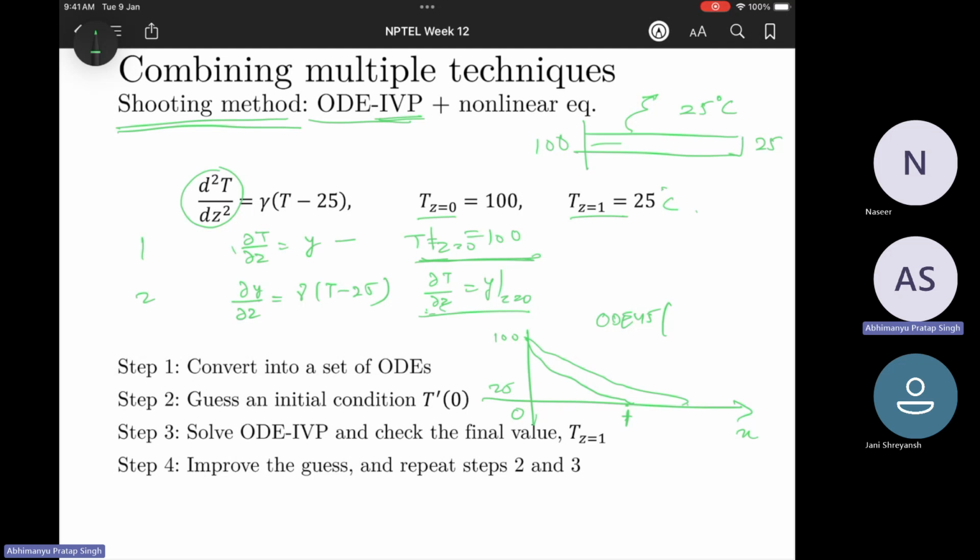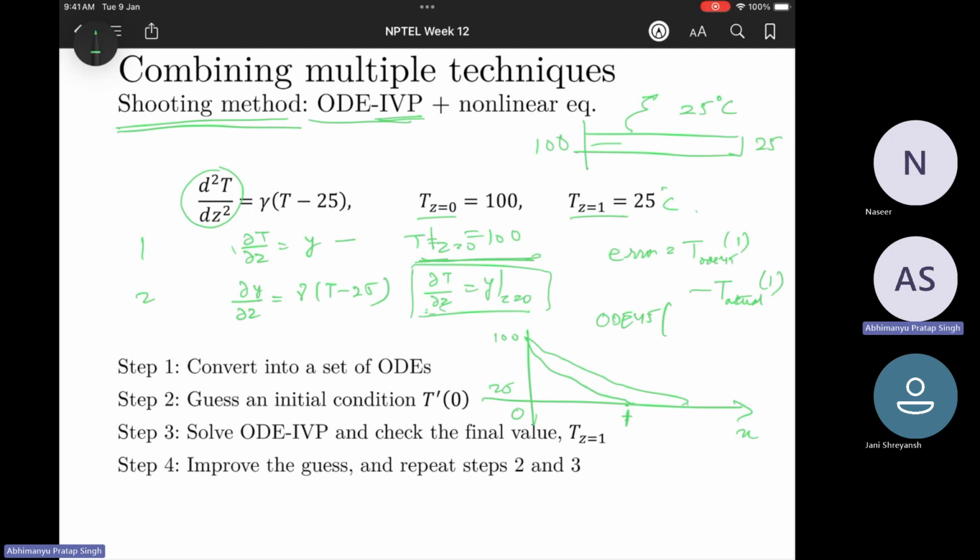But how do we update the initial condition once we get the error? Once we calculate the error, which in this case would be the t that we are getting from ODE45 at z is equal to 1 minus the actual t that we are expecting at z is equal to 1, how do we use this error to update our dt by dz?